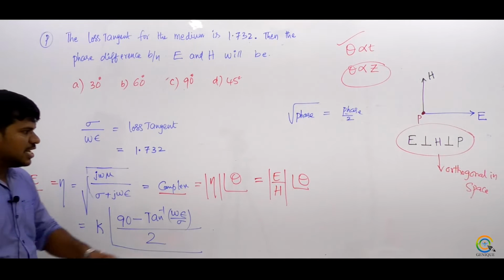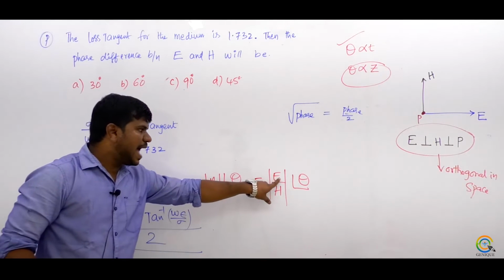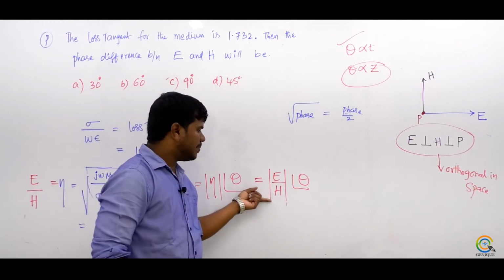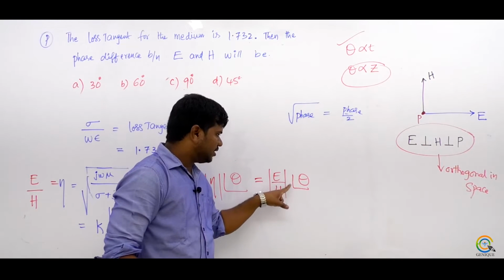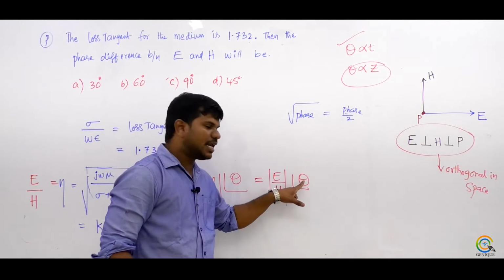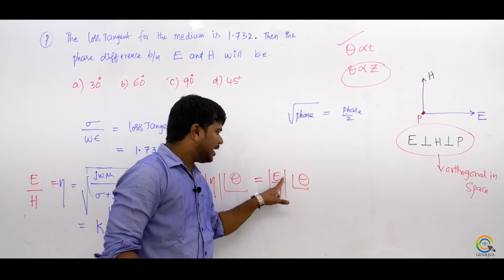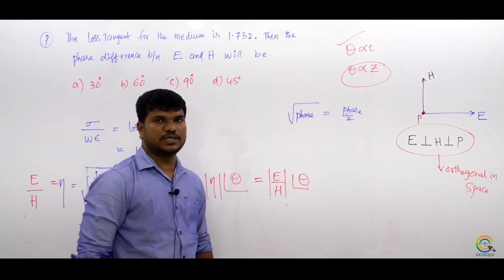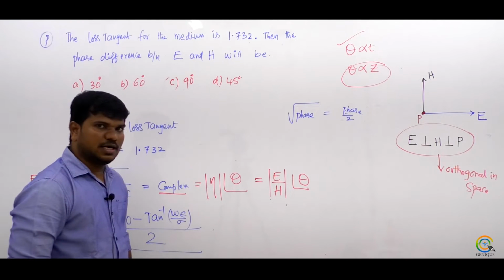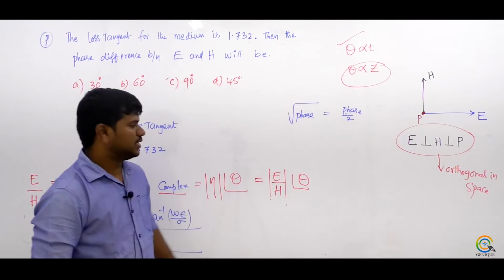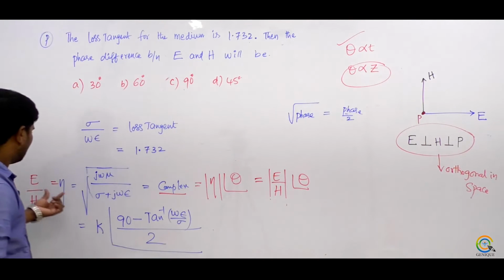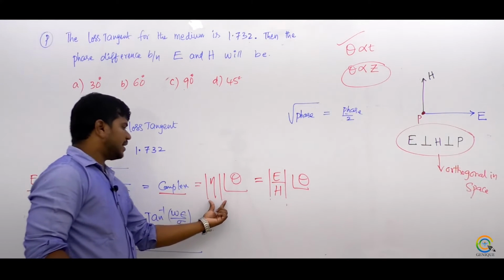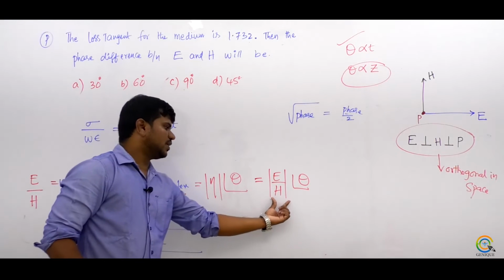This theta is nothing but the angle between E and H. The magnitude is representing the magnitude, and this theta is representing the phase difference between these two with respect to time. This is the thing you have to notice. From now onwards, E by H equals eta, but it is a complex value, so I can write this one.